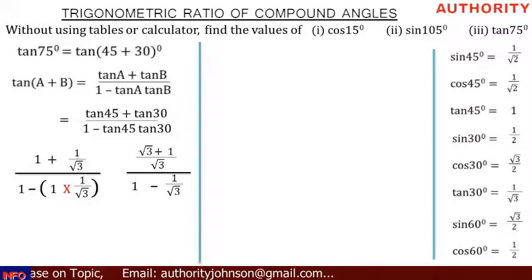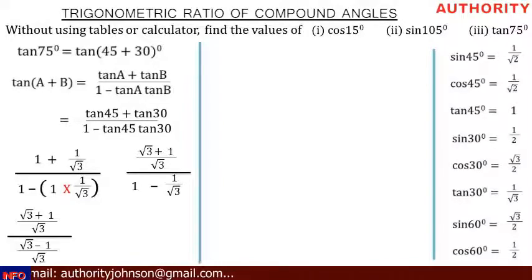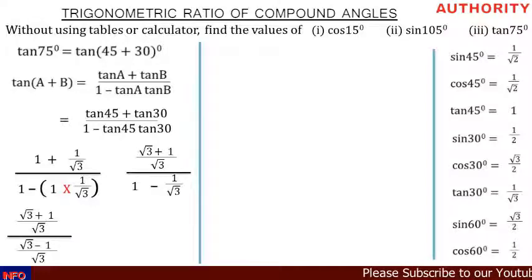When we combine this denominator together, it's going to give us root 3 minus 1 all over root 3. Now that means we are having root 3 plus 1 all over root 3 all over root 3 minus 1 all over root 3. Yes. Now let's go.